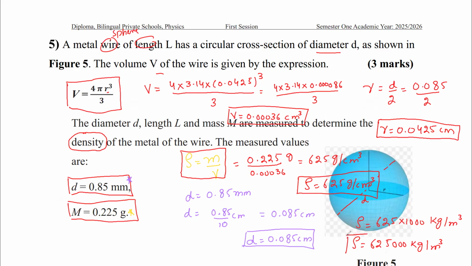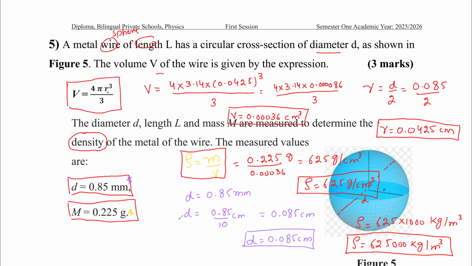This is the solution of density in kilogram per meter cube, and the first one is the solution in gram per centimeter cube. So you have to know how to convert between kilogram and gram. This is a very important thing when solving this type of question.